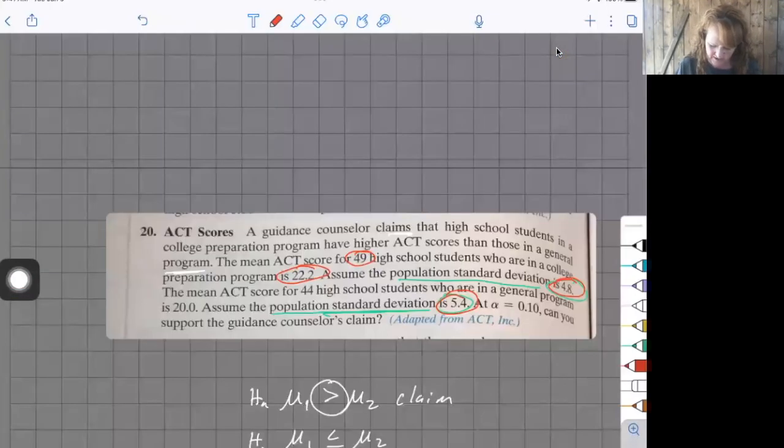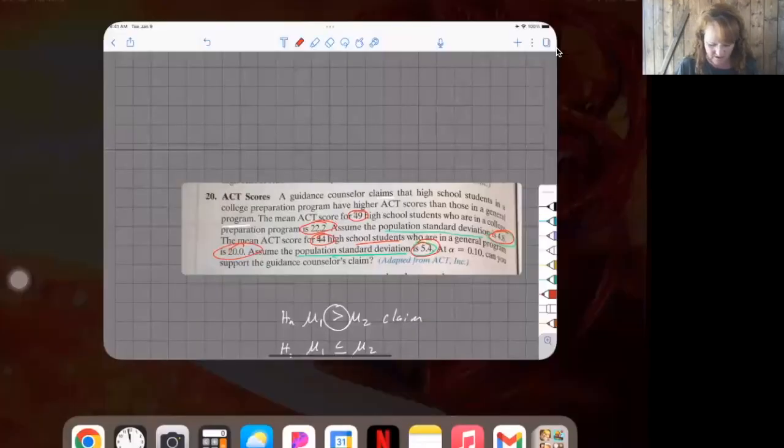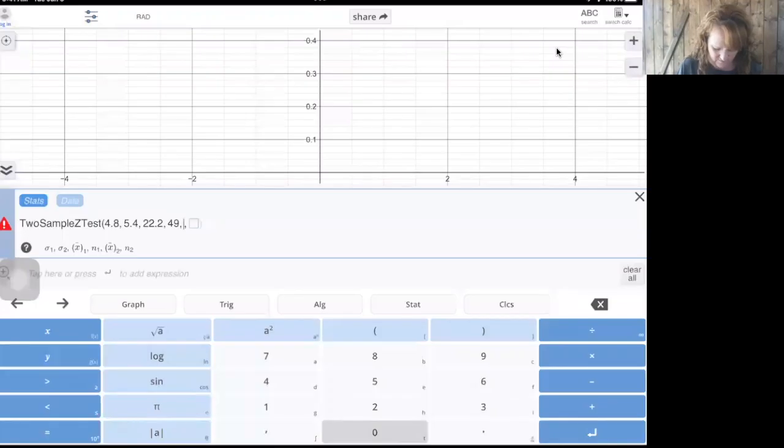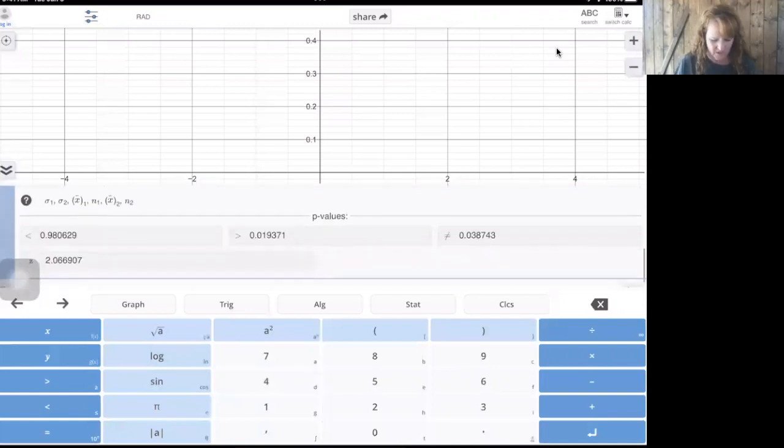So my second group has 44 students, and it's got a mean of 20. Okay, hopefully I entered that data right. Again, I need to pick my tail. I've got a right tail test because of my HA. So my p-value is going to be let's call it 0.02.